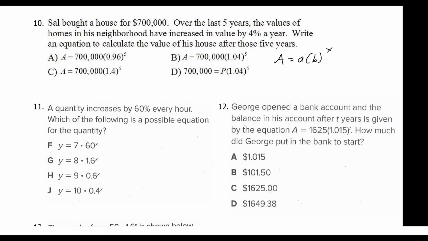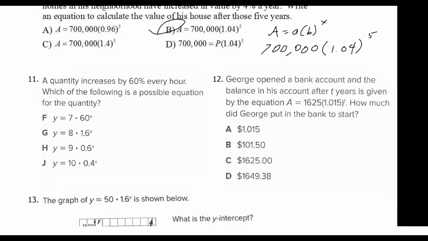So our A is the initial value, so that's 700,000 times B, which is going to be 1.04 raised to the X. The only one that looks like that is B. So it's asking us about after 5 years, so we're going to go ahead and replace that X with a 5, and B is the correct answer.